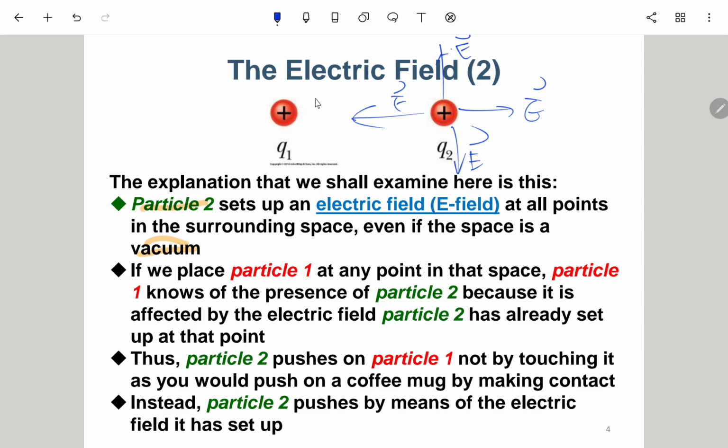Okay，所以它的意思是 Q1 不是感觉到 Q2 的存在，Q1 是感觉到 Q2 所产生的场。Also, thus particle 2 pushes on particle 1 not by touching it as you would push on a coffee mug by making contact.